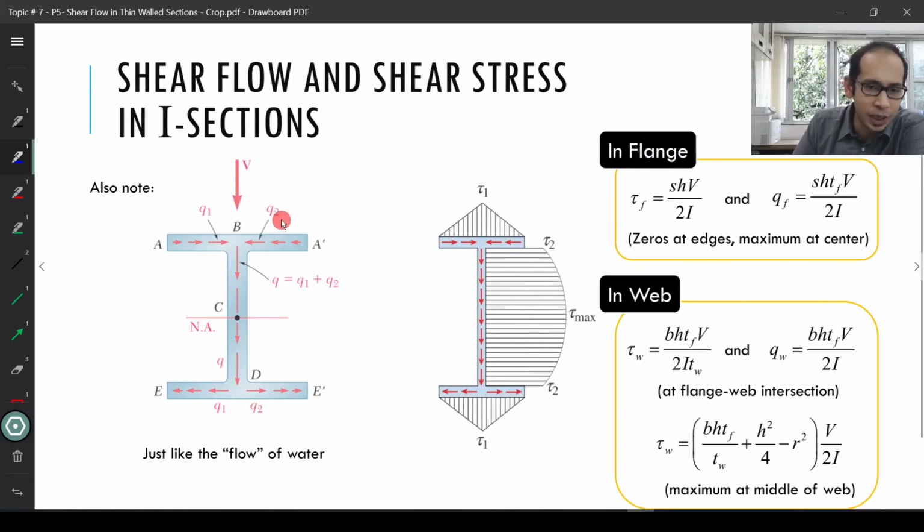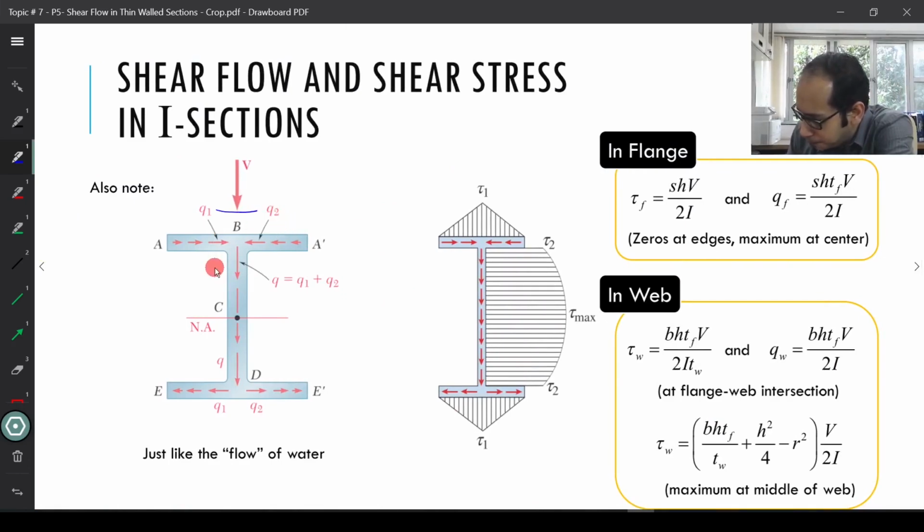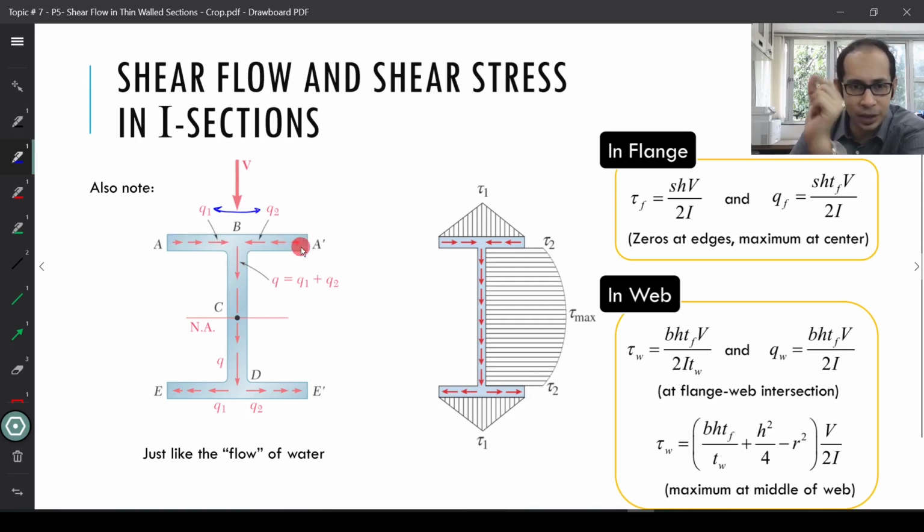Q1 and Q2 here, both are equal in magnitude. So these two are the same over here, and both of them sort of merge together, and eventually this Q which you get at this interface becomes equal, right? And one important thing you note from this magnitude, or from the length of the arrows itself, it is very negligible over here.